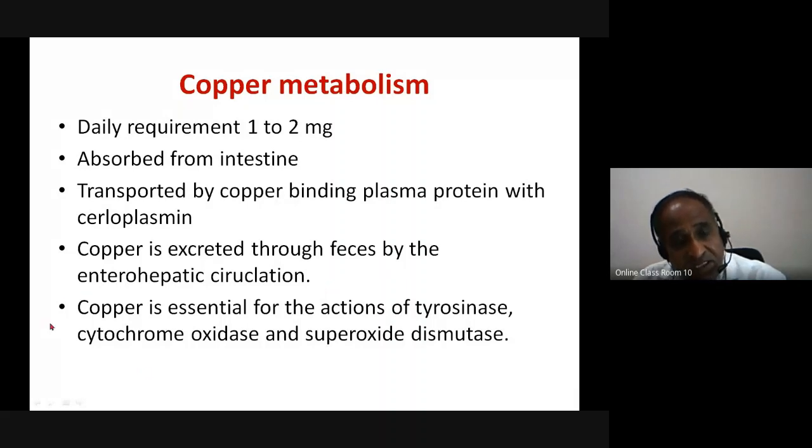Now, what is the function of copper in our body? Copper is essential for the actions of enzymes: tyrosinase, cytochrome oxidase, and superoxide dismutase. Tyrosinase is for neurotransmitters. The cytochrome oxidase and superoxide dismutase are mitochondrial enzymes. So this is where copper is very much required.